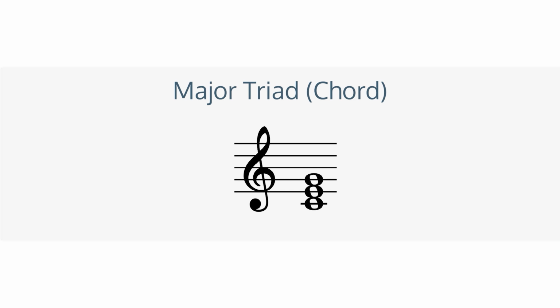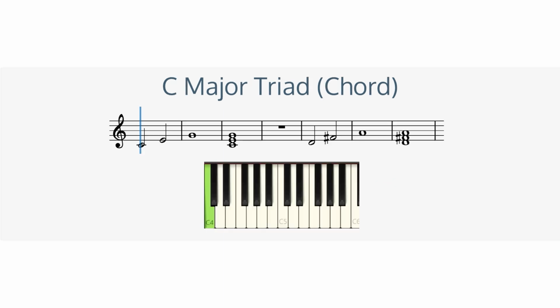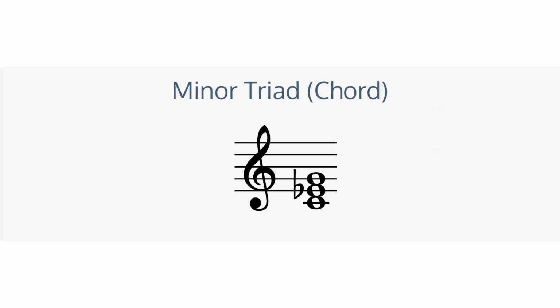The major chord is built up of 2 intervals. The first is a major third and the second is a minor third. The minor chord also consists of a minor and a major third, but in this case, the minor third is the first interval.